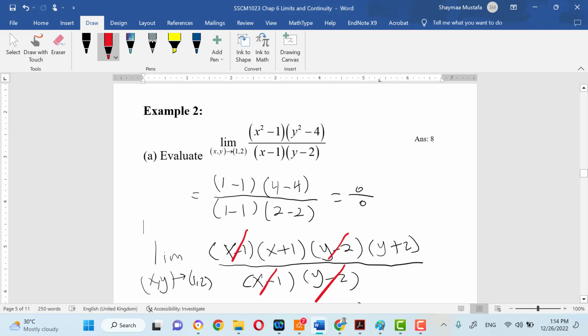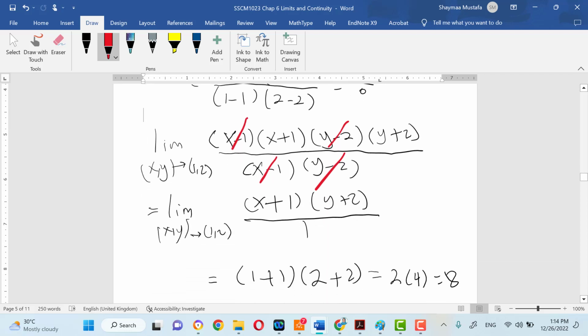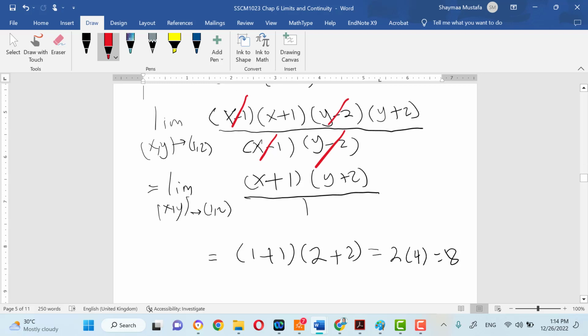So we have only (x + 1)(y + 2). Now go for direct substitution: 1 + 1 multiplied by 2 + 2, because x is equal to 1 and y is equal to 2. So the final answer is 8.